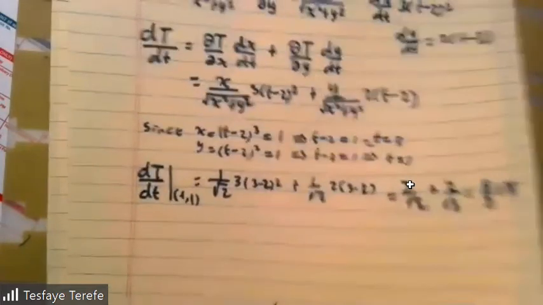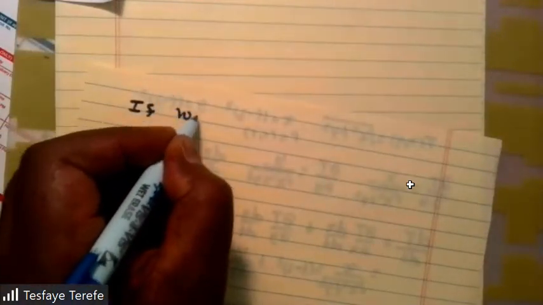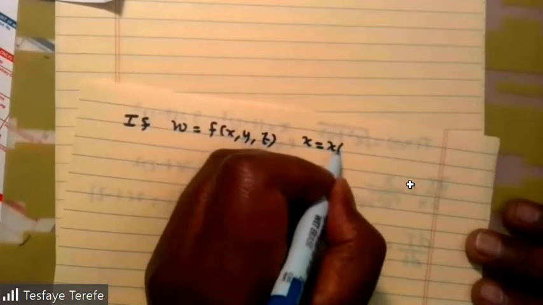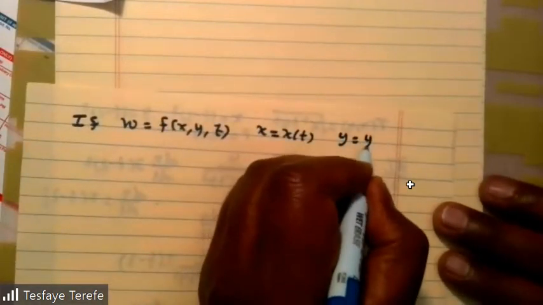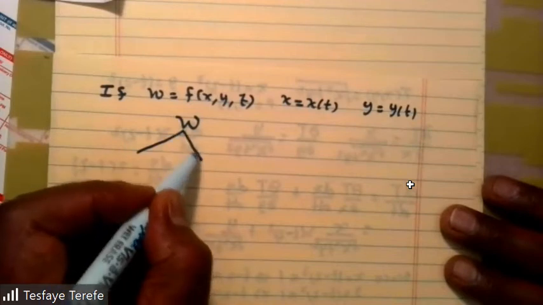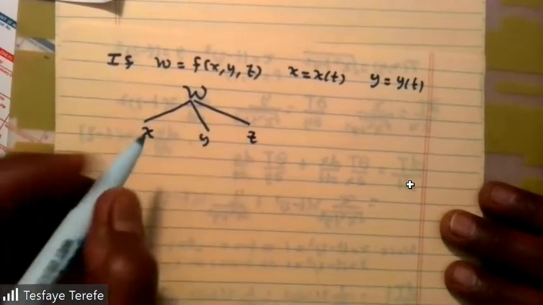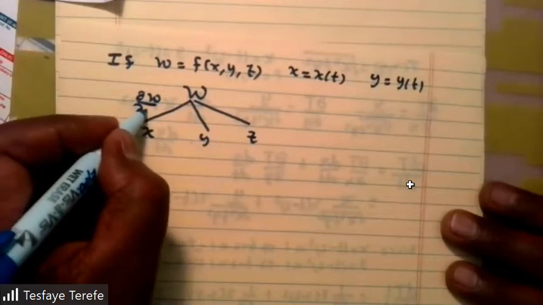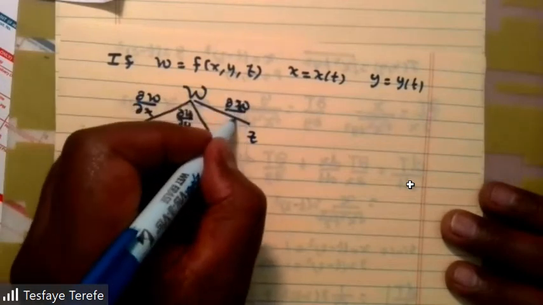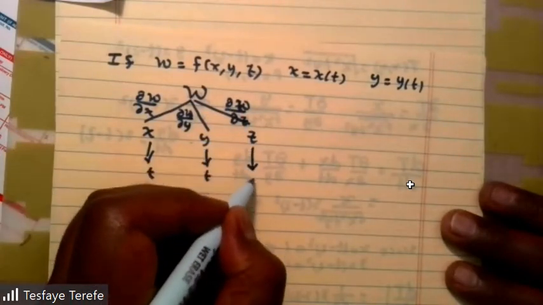In other words, for example w is equal to f of x, y, z, and x is a function of time, a variable t, and y is also a function of a single variable, then the tree diagram here, you have w, there are involved 3 variables, those are x, y, and z, and this is partial derivative, and x in turn is a function of t, y also a function of t, and z is a function of t.